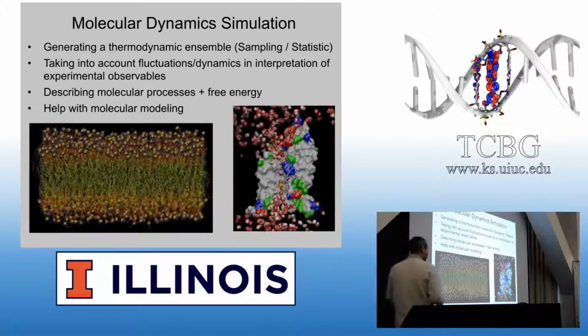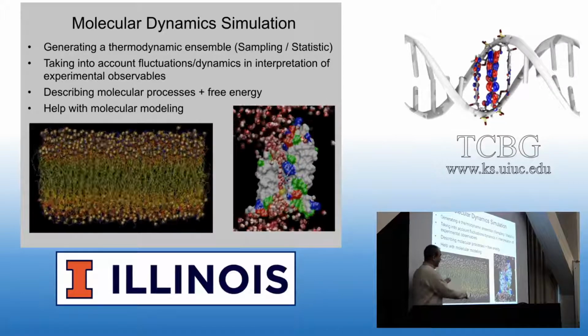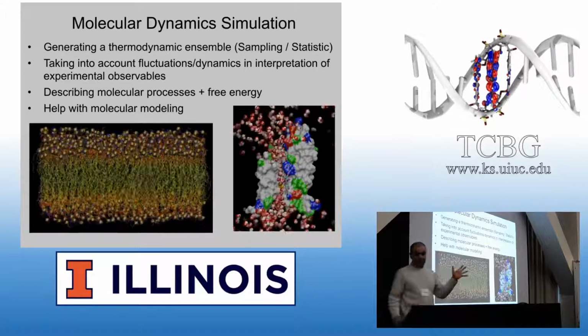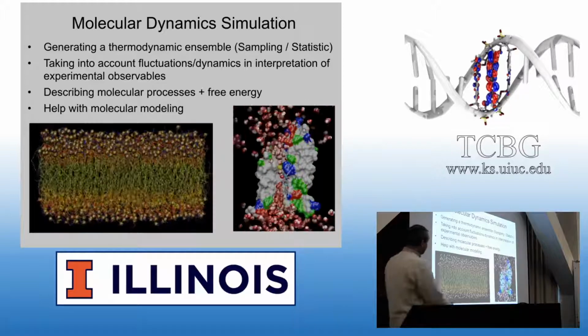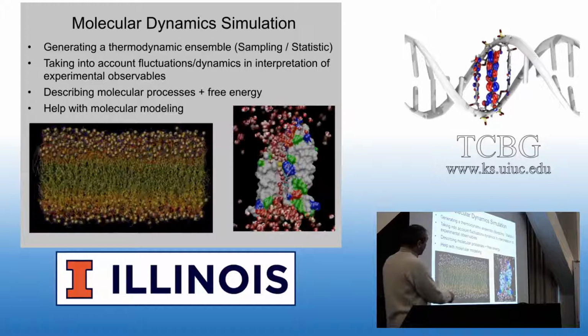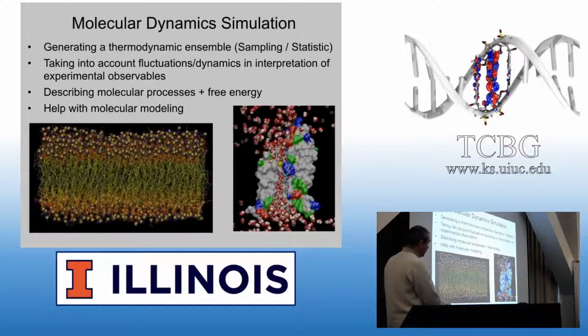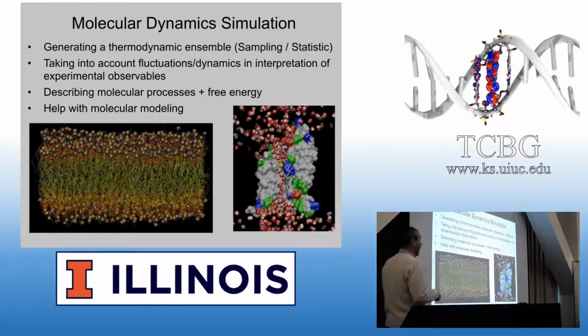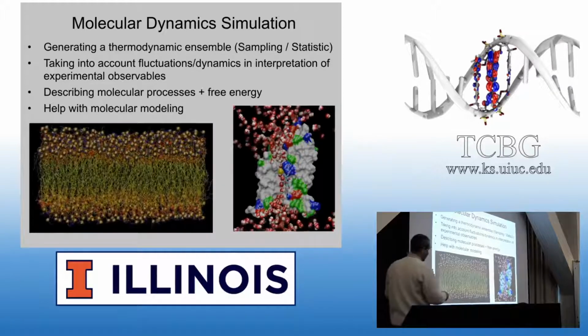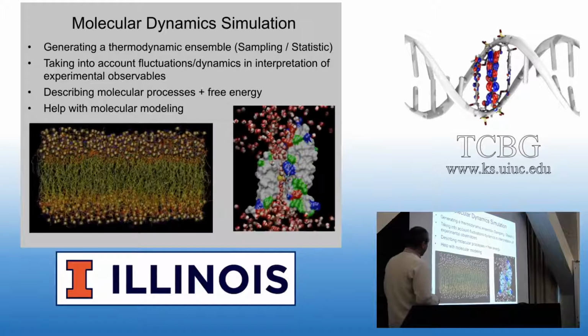If they happen under equilibrium and time scales you can afford, you're fine, you just run it and analyze your results. But sometimes, you can, of course, also get their free energy, which is really something you can directly relate to experimental measurements, and the real behavior of the system.